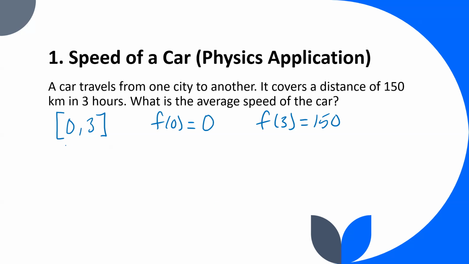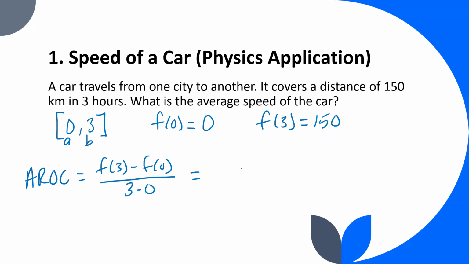When I'm calculating this, remember, average rate of change is your a and your b: f of b minus f of a over b minus a. So the average rate of change here would equal f of 3 minus f of 0 over 3 minus 0.